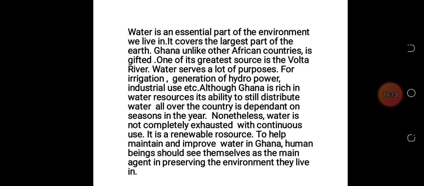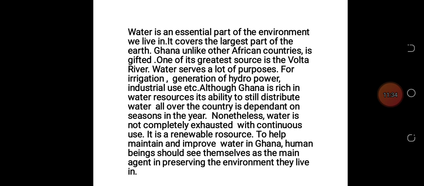So it's the summation of everything I have just given out. It has to do with water, what we gain from water, and if we preserve water properly, we have a lot to gain than to lose.